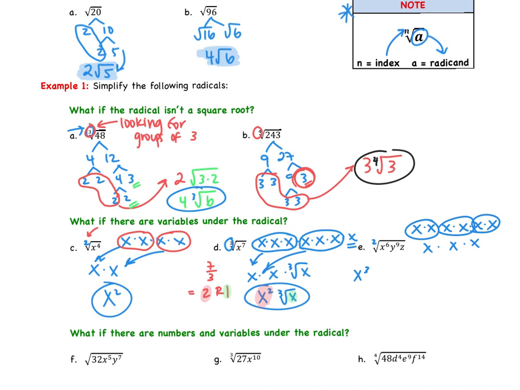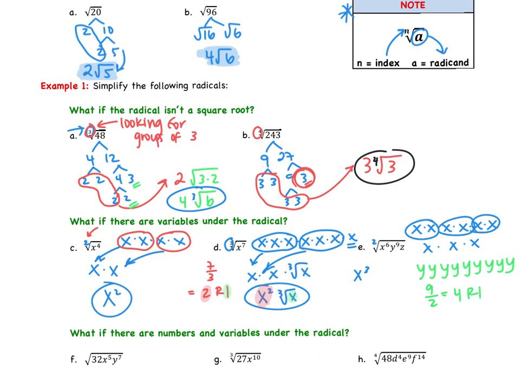Now, y to the 9th. I have 2 different options. I can do that same method and write y 9 times. Or I can do what I did in D with the division. If I opt to do the division, I do 9 divided by 2, and I get 4 remainder 1.